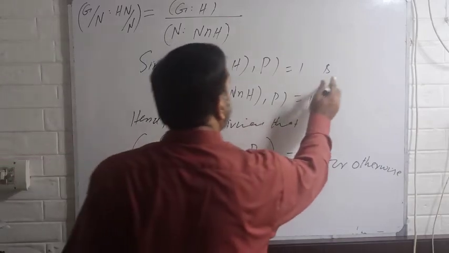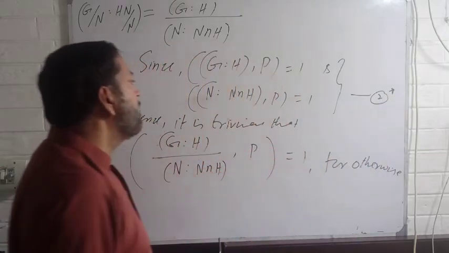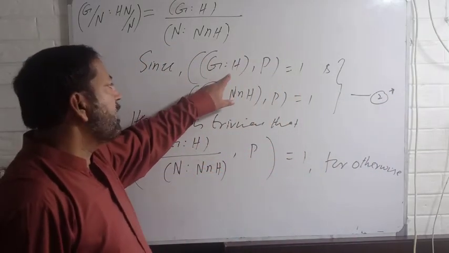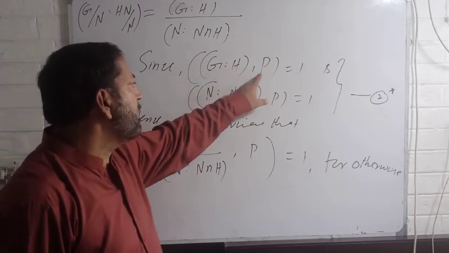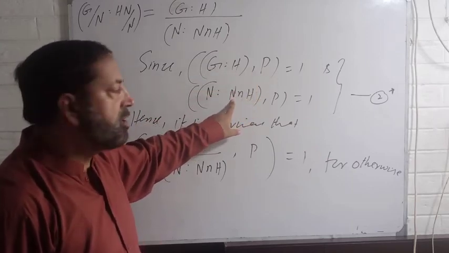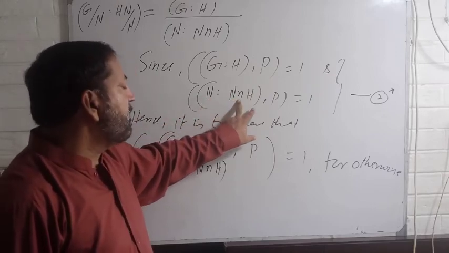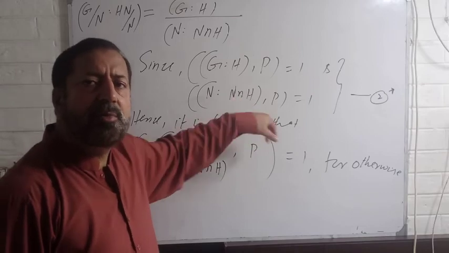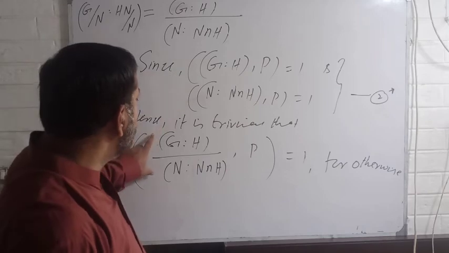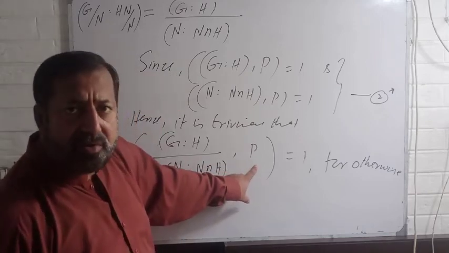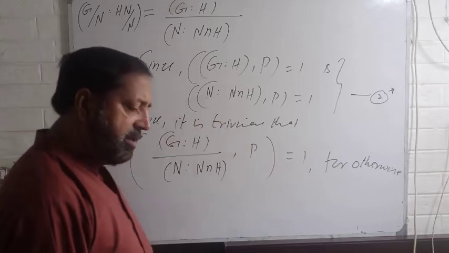See, this is number 2 star. Of course, you have taken H as a Sylow-p subgroup of G, so index of H in G is prime to P, and you have shown that N intersection H is a Sylow-p subgroup of capital N. So index of N intersection H in capital N is prime to P. And now I am claiming that their division is also prime to P. If it is not the case, then of course P is a divisor of this, right?